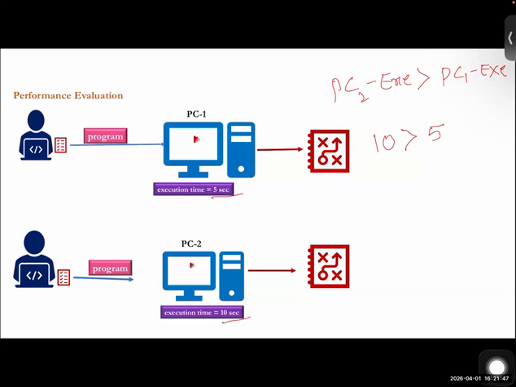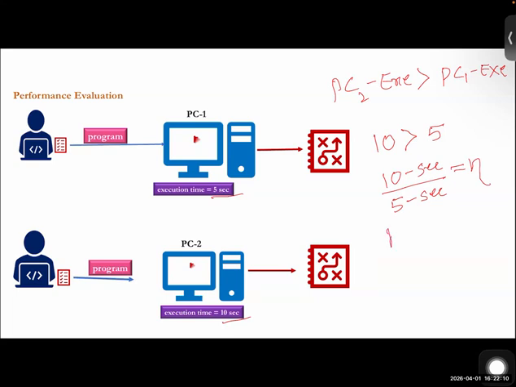Correct? So then how much rate PC1 is performing better than PC2 means the execution time of PC2 in terms of seconds over the execution time of PC1 in terms of seconds. Okay, so that gives the relative performance.